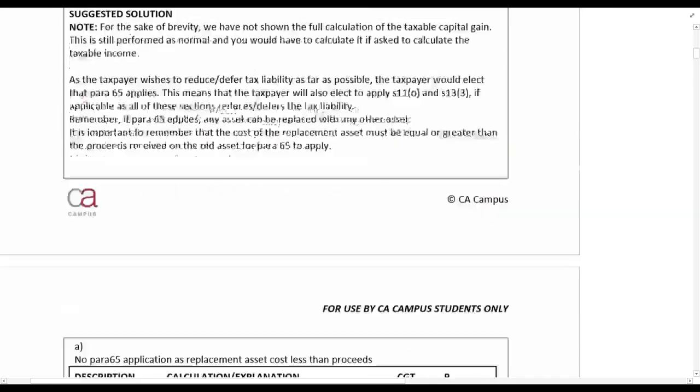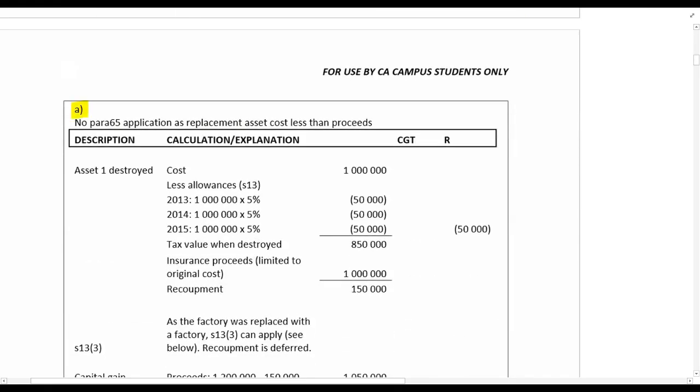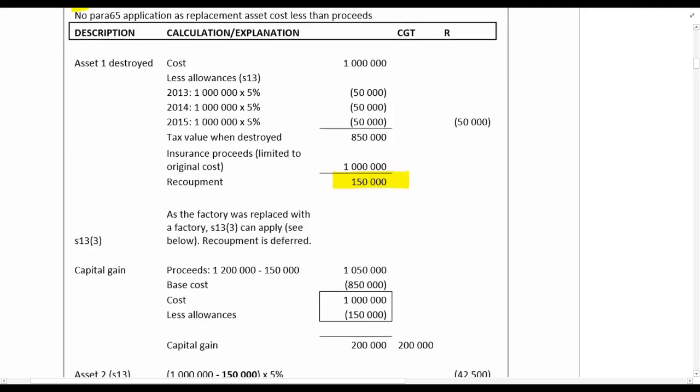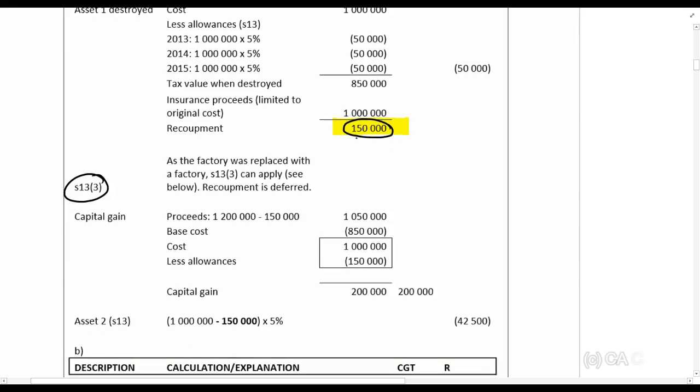So I want you to just now see what happens in situation A. We calculate a normal recoupment. However, we can't apply paragraph 65. But because this is a factory building, we can apply section 13.3. This only applies to factory buildings, remember. And what you can do is take that recoupment and knock it off against the cost of the asset, asset 2.